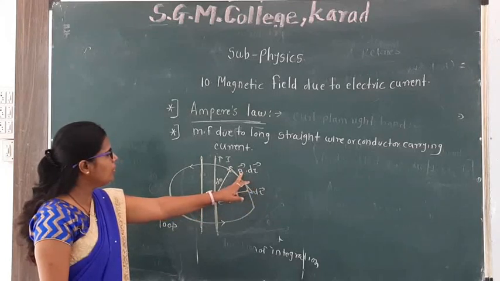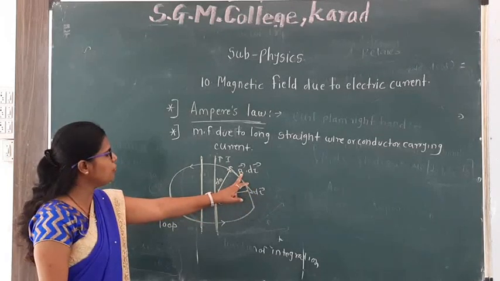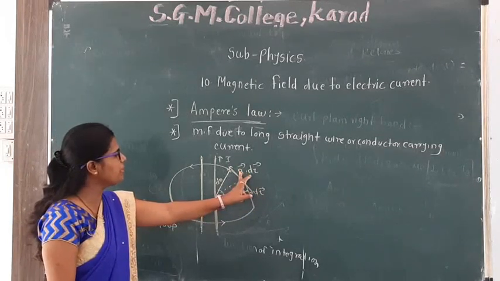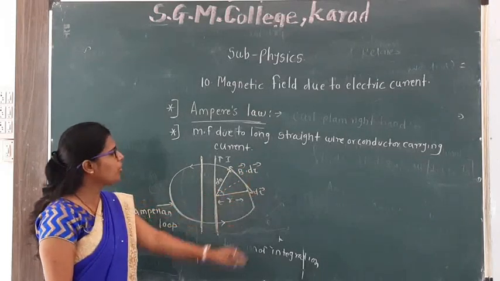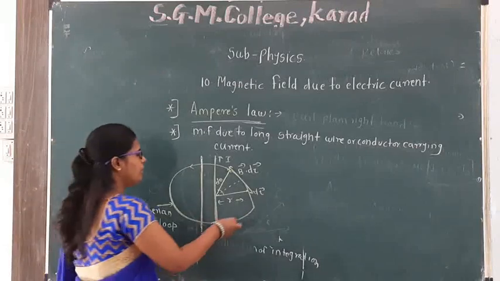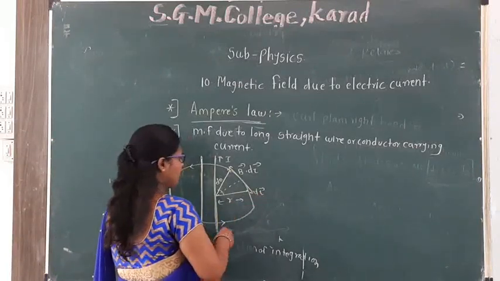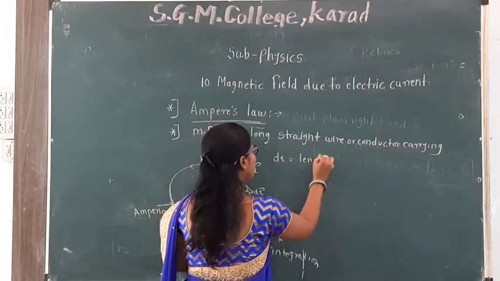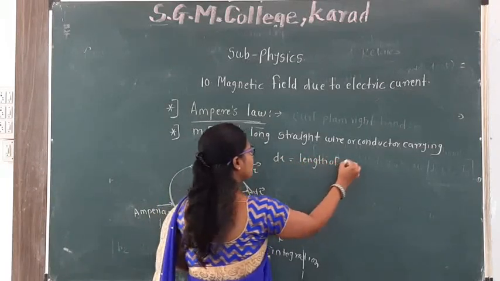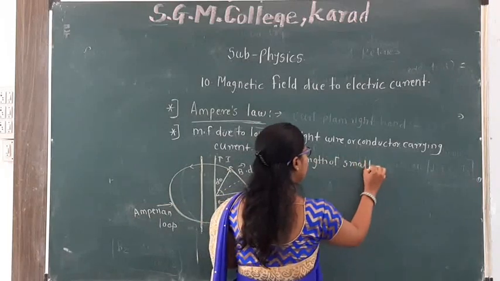The magnetic field due to the small element is vector B dot vector dl. The dl is the length of a small element, which all of you know.